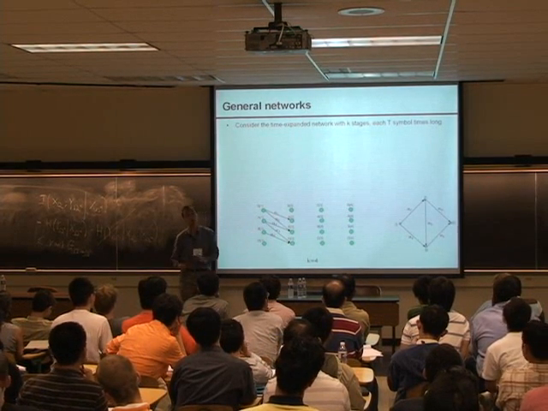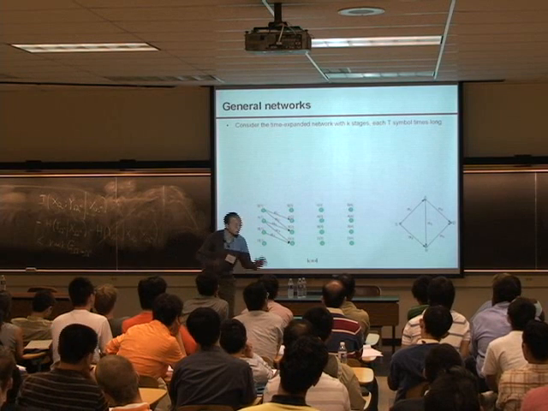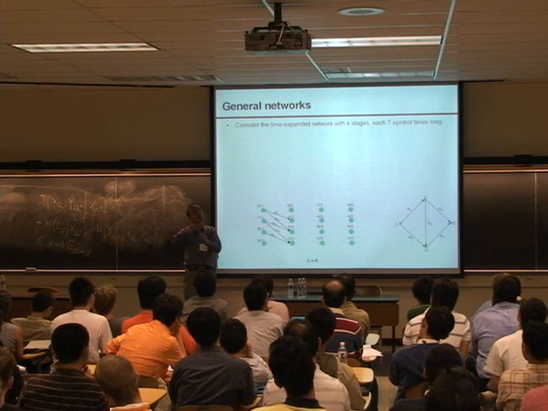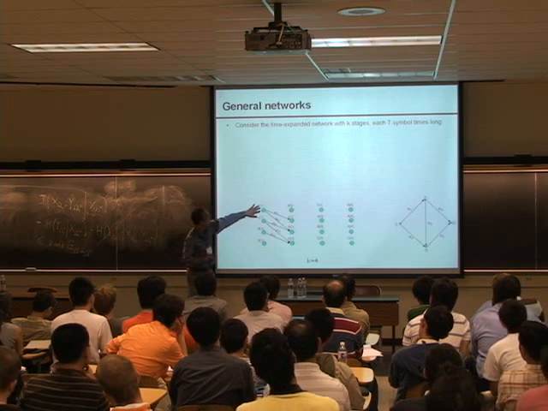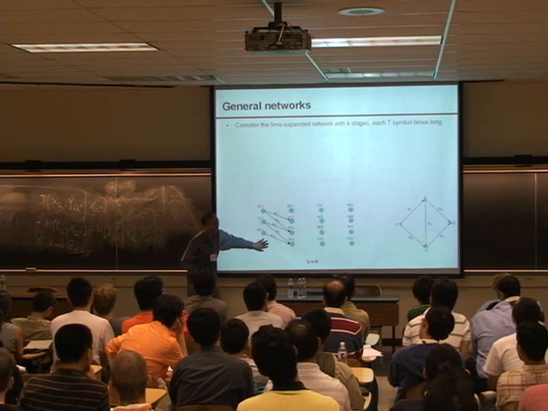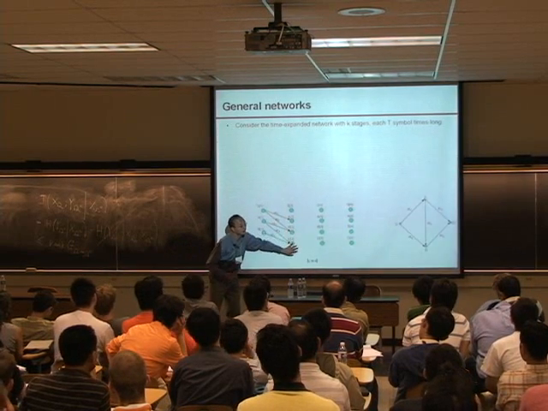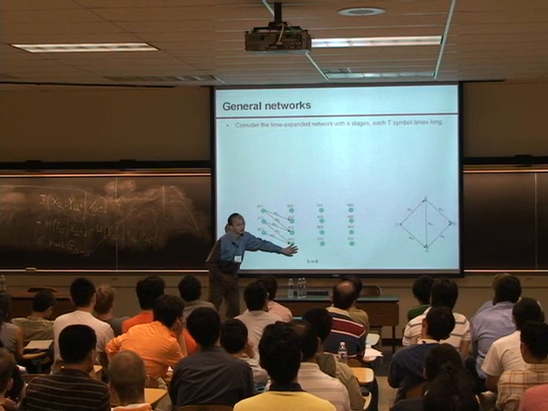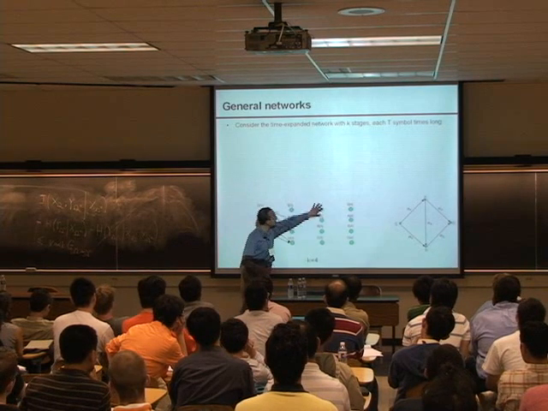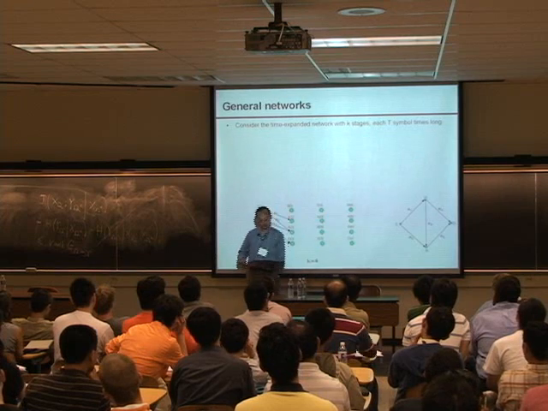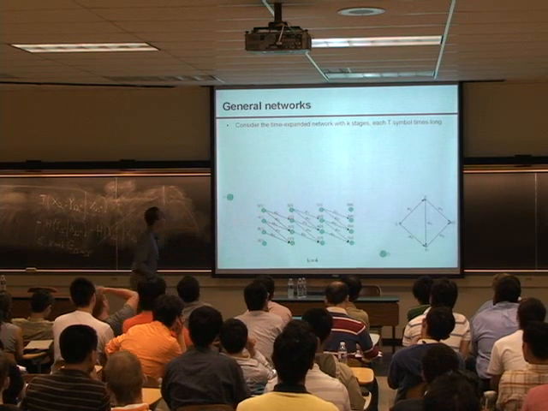So this is describing, over one frame of length t, the transmission of all these nodes, and this describes the receive signal at this time. And this is time 3, and this is time 4. So now I've unfolded this graph.